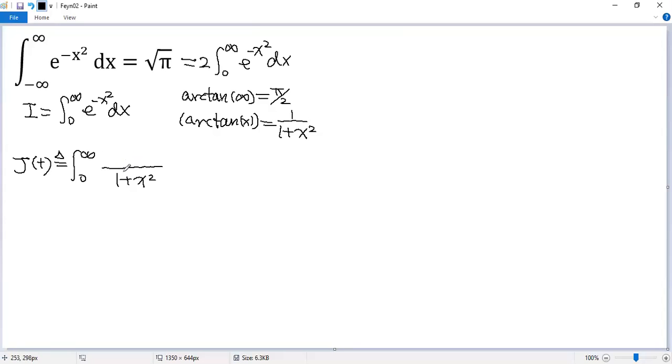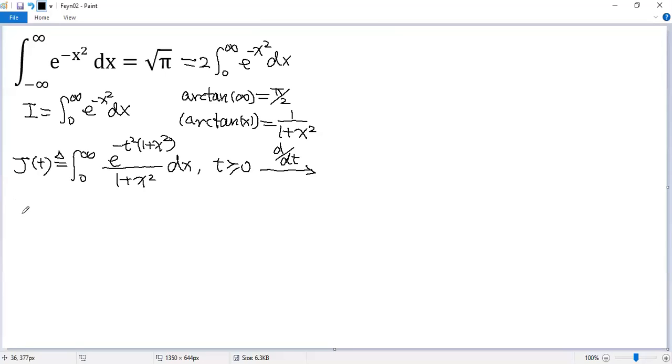To potentially cancel the bottom, let's write the top as e to the power of negative t squared times 1 plus x squared, dx, where t is greater than or equal to 0. Now let's apply the rule star, differentiating with respect to t.